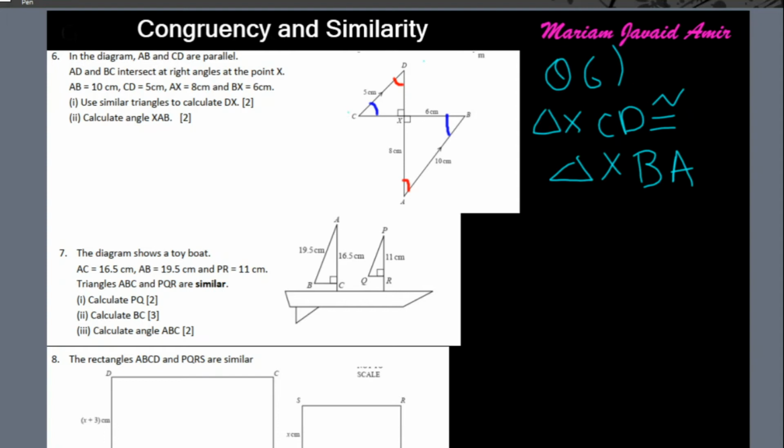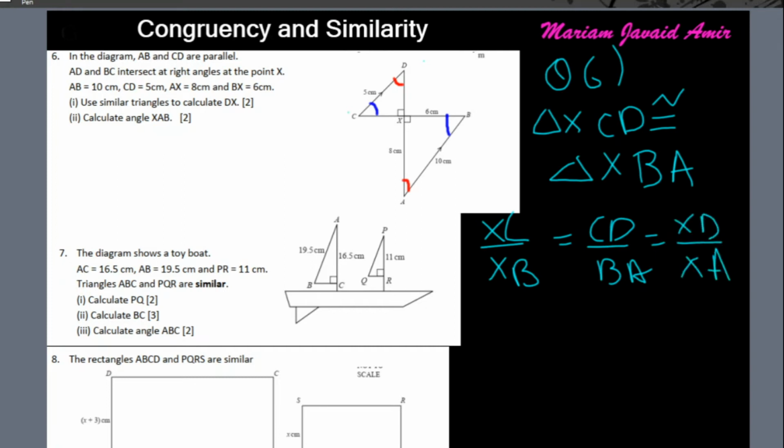So these two triangles XCD and XBA are similar. So now I'll make the ratios: XC over XB equals CD over BA equals XD over XA. So XC we don't know, XB is 6, CD is 5, BA is 10, and then XD we don't know, and XA is 8.